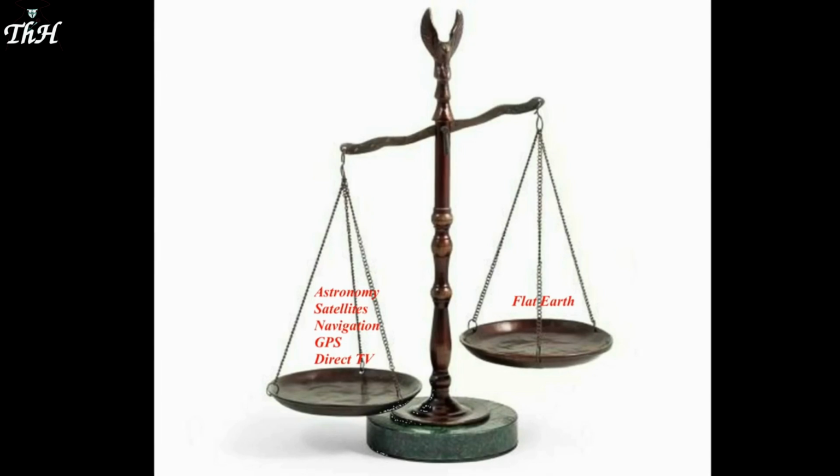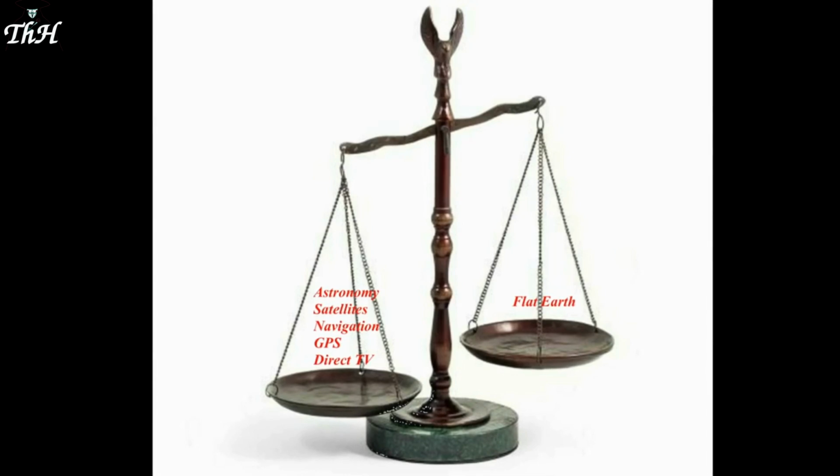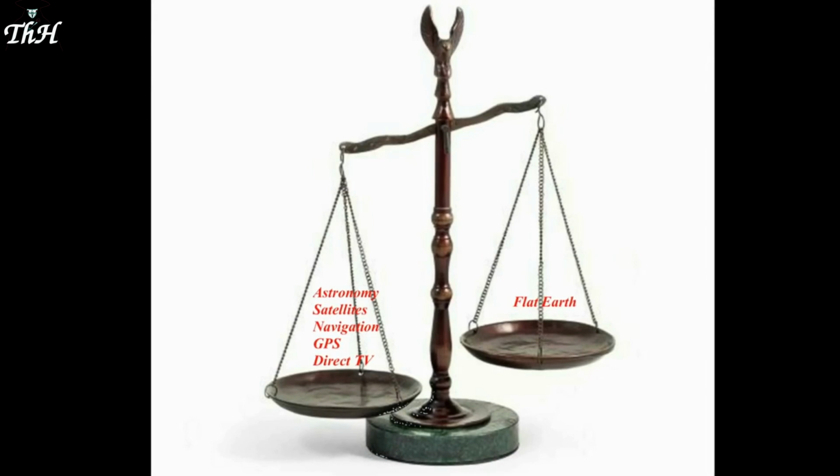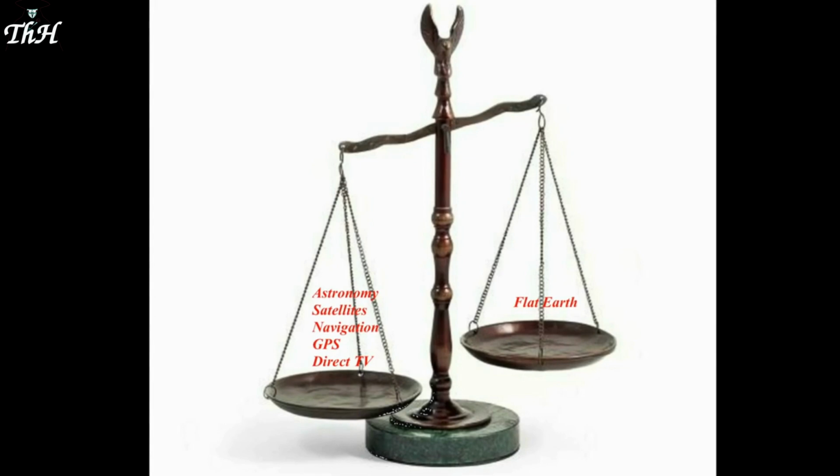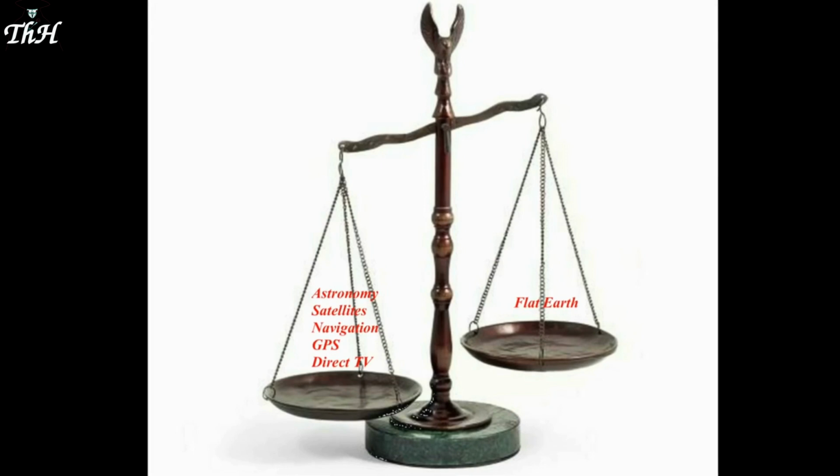The scale is balanced towards all these other things we're familiar with: GPS, DirecTV, navigation. And I have a presentation on navigation. I've been on cruise ships to the Panama and flown internationally as well. And in my many flights, I began to notice something very strange, the way the aircraft was banked. And that was another thing that woke me up.